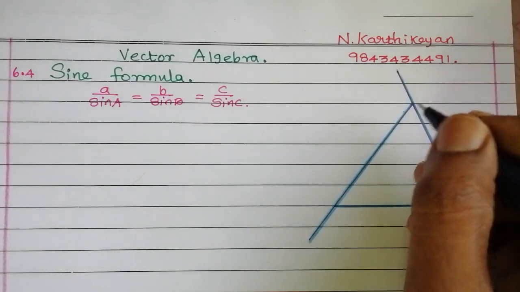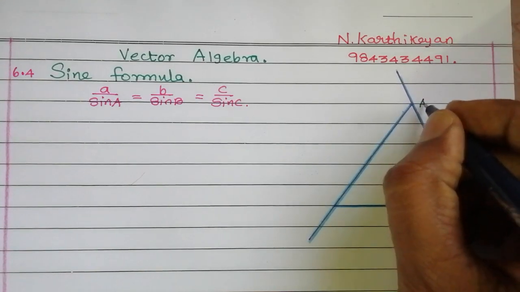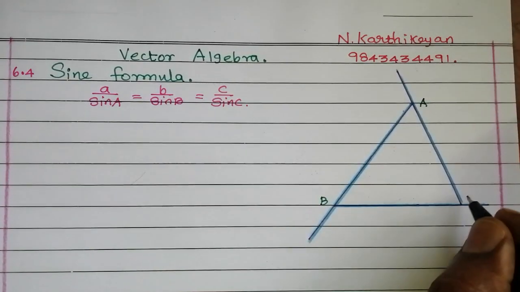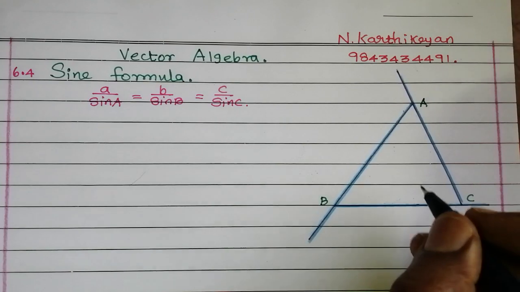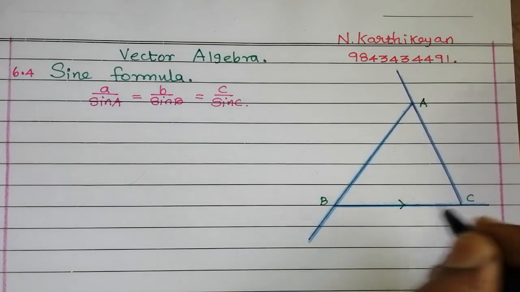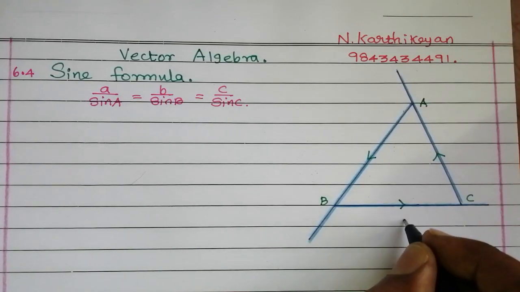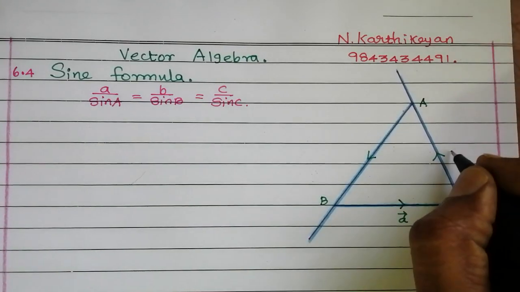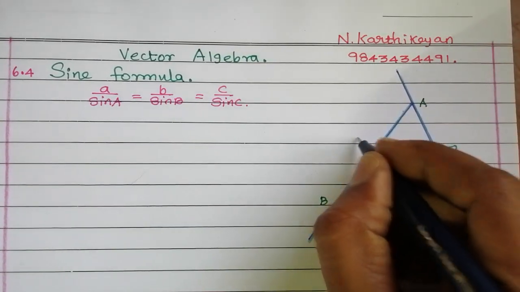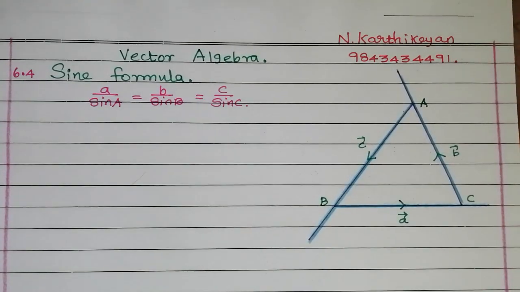Okay, so first we consider the triangle ABC. Take the vectors BC, CA, AB.